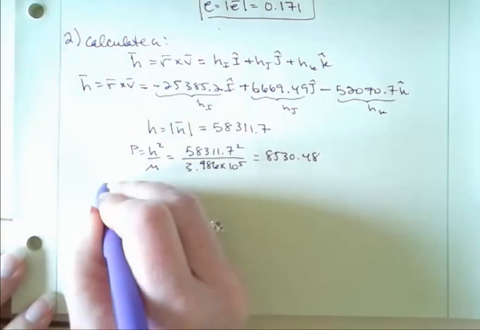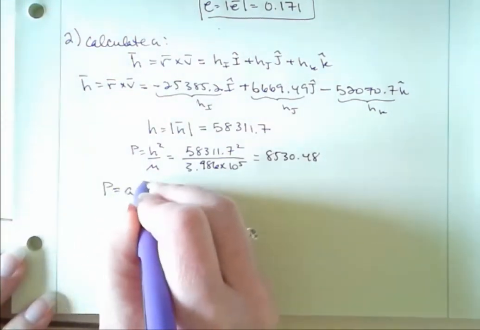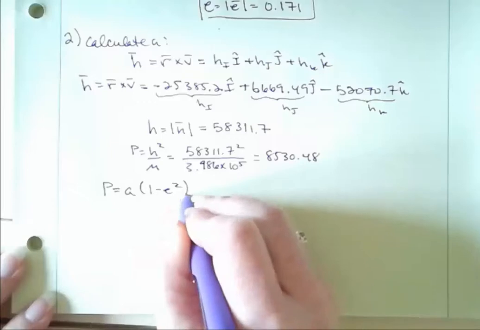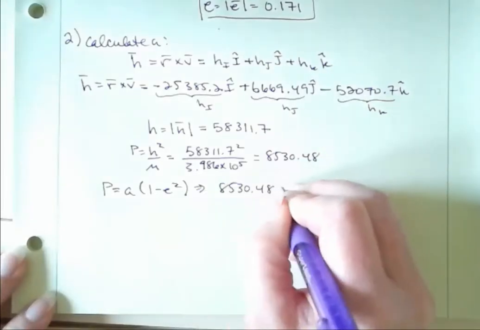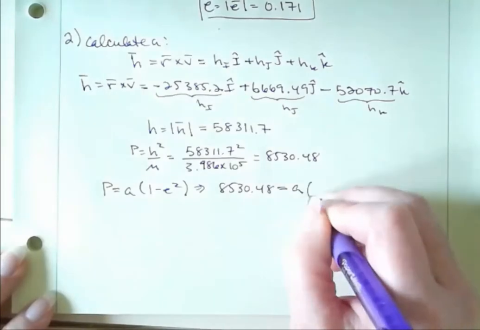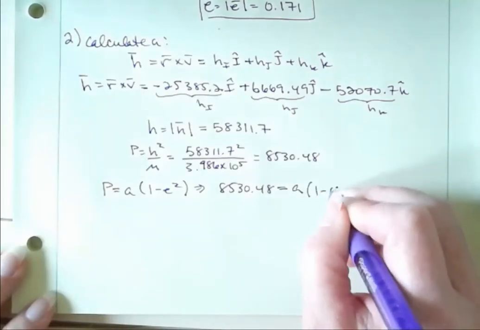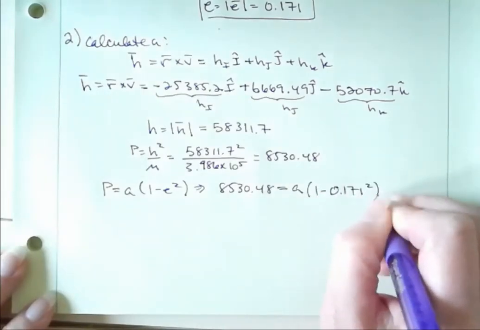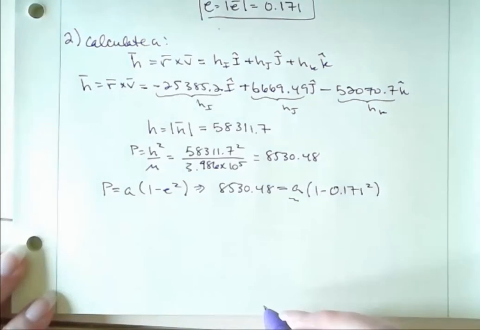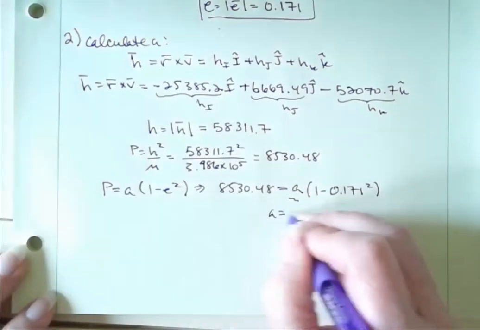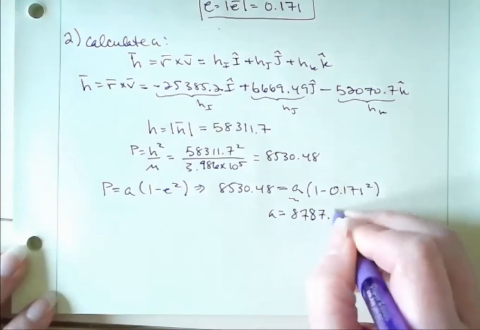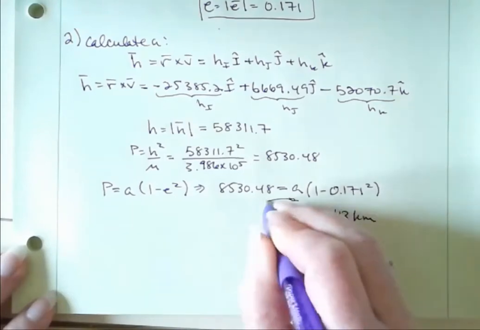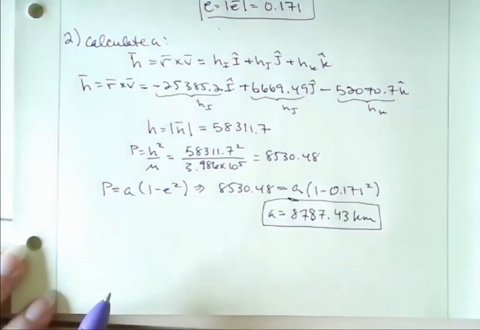We know the parameter p is also equal to a times 1 minus e squared. So 8530.48 is equal to a times 1 minus 0.171 squared. a is our unknown, that's what we want to find. Solve that for a and you get 87.43 kilometers.